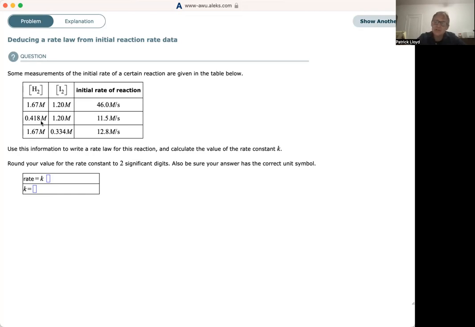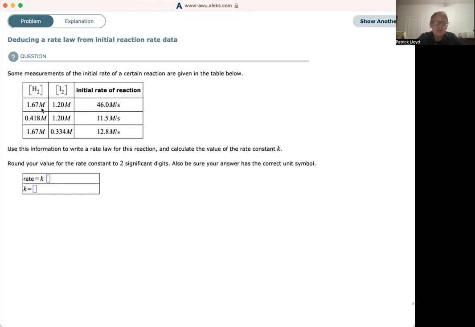We decrease it. It's now only 0.418 molar. Notice the concentration of I2 doesn't change. We're going to keep that the same. That's a controlled concentration. But look what happens to the reaction rate. It decreased from 46.0 down to 11.5.